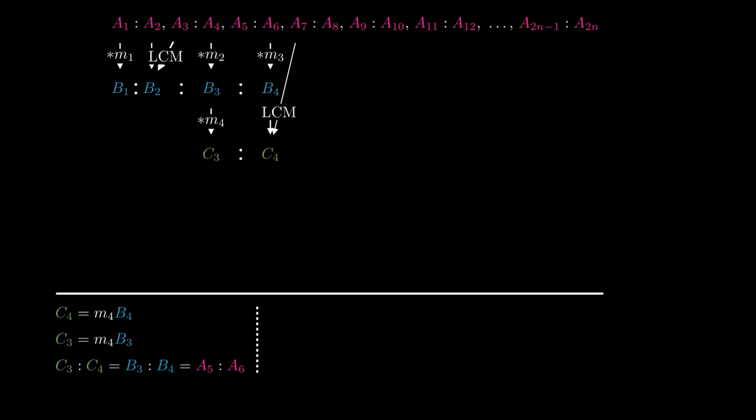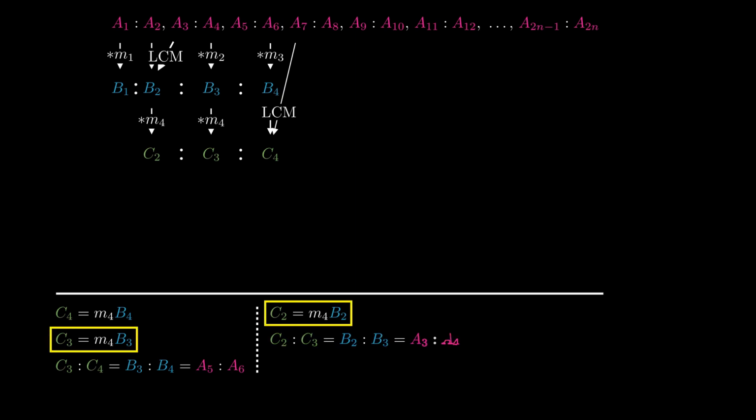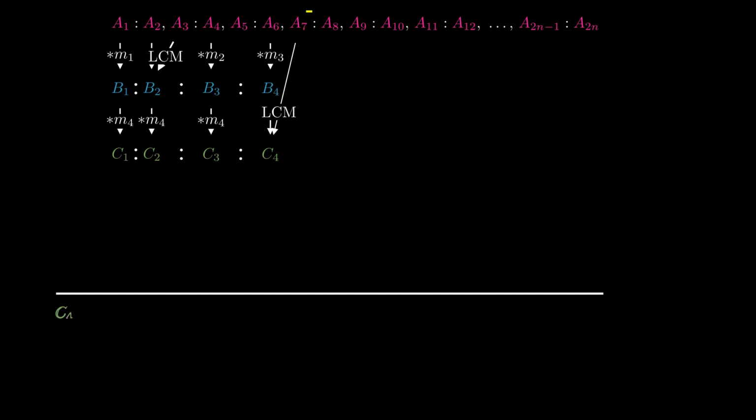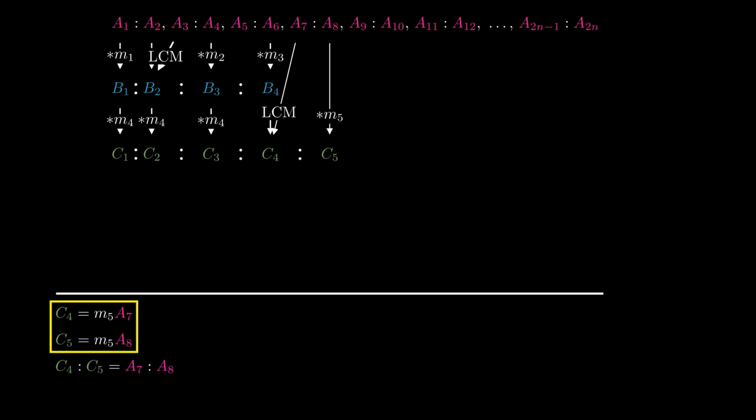We also want c2 to c3 to be proportional to a3 to a4, so let c2 equal m4 b2, so that c2 to c3 is proportional to b2 to b3, which is proportional to a3 to a4. Similarly, let c1 equal m4 b1.